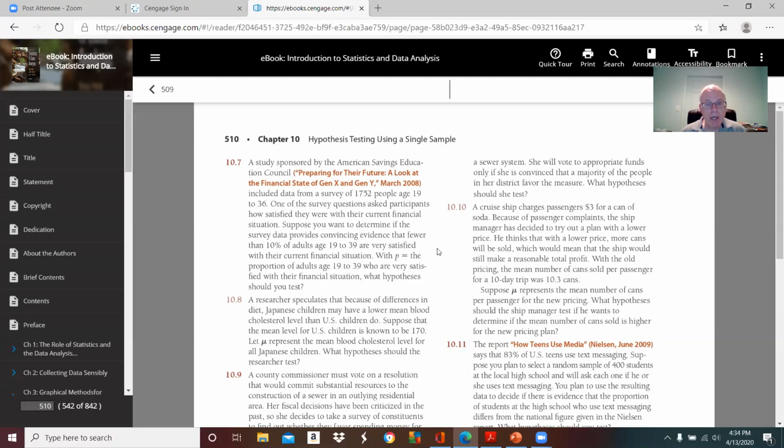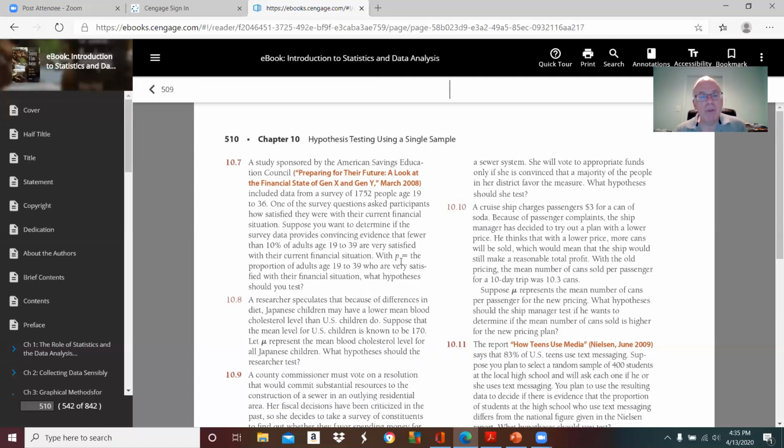One of the survey questions asked participants how satisfied they were with their current financial situation. Suppose you want to determine if the survey data provides convincing evidence that fewer than 10% of adults aged 19 to 39 are very satisfied with their current financial situation. Right? Fewer than 10%. So P is the proportion of adults aged 19 to 39 who are very satisfied with their financial situation. What hypotheses would you test?